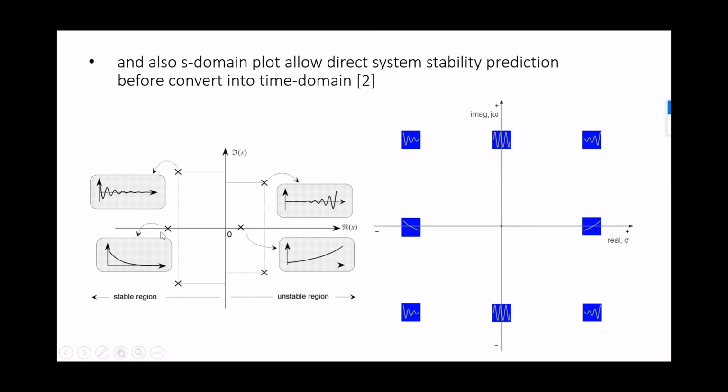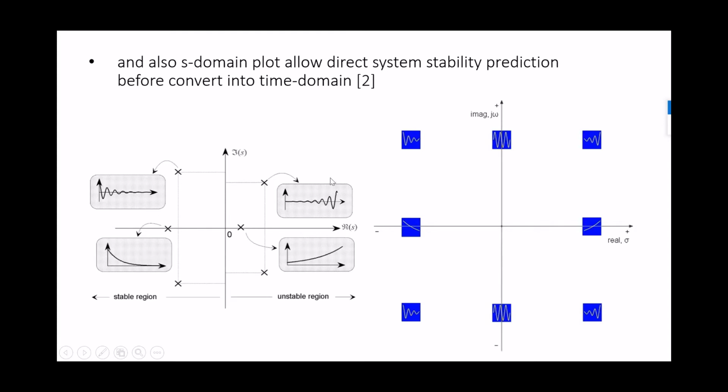If the pole is located on the left hand side of the S-plane and I give a unit step to the system, the output becomes damped and slowly goes to 0, even though initially there is signal variation. If the pole sits on the real axis at the negative side, the signal also goes towards 0.